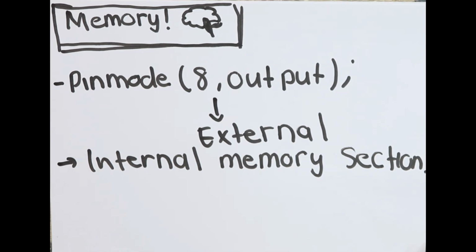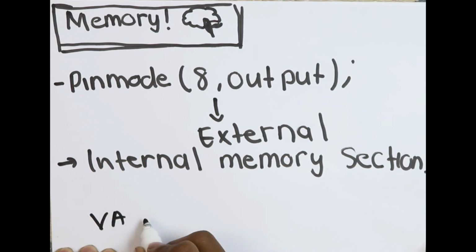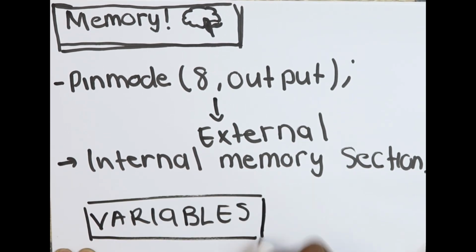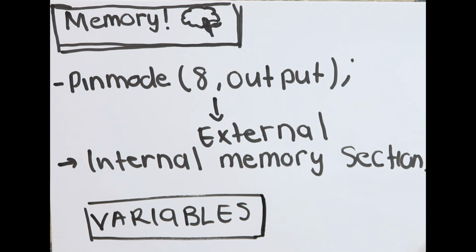When we speak about internal memory, one thing that we need to remember is something called variables. The word variables is used most often when you are referring to holders, I would say, or features of the internal memory.